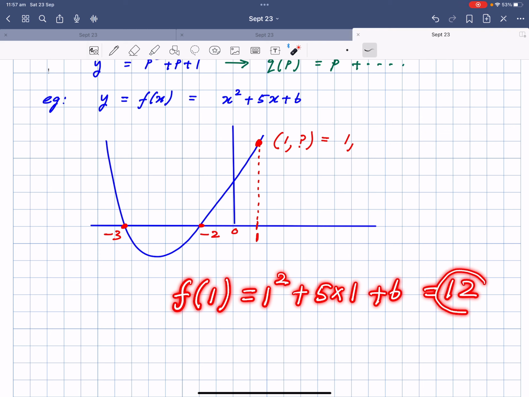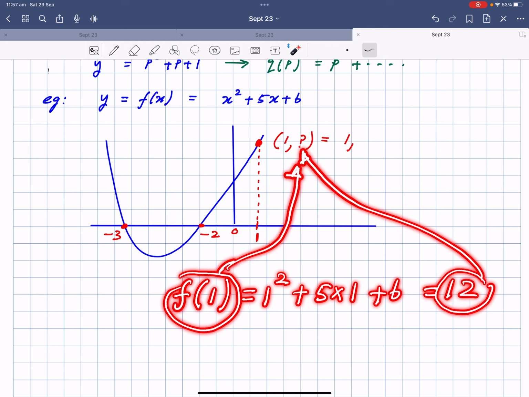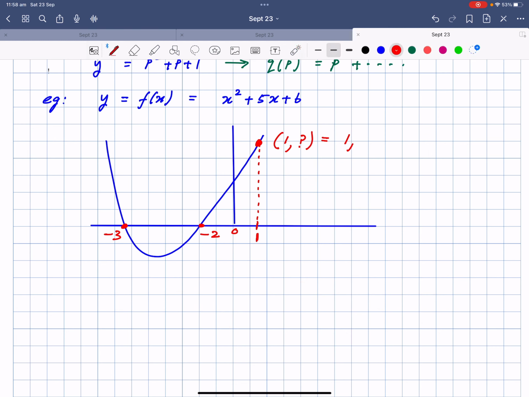So either you can use this value here or you can use this notation here. So I will write both: 1, 12, or one can write 1 comma f of 1 like this. So that's the benefit of having that.